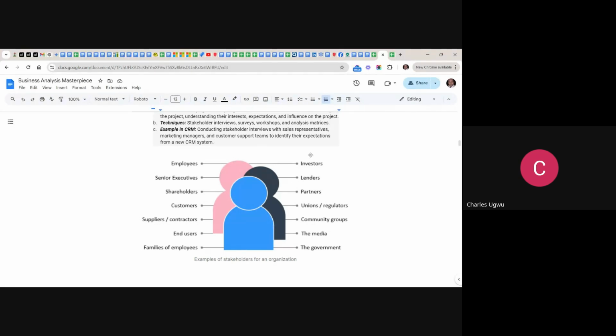When you come to an organization, we have stakeholders. Then a project is a smaller activity within the organization, so we have other stakeholders. So you must understand the difference between organizational stakeholders and project stakeholders.